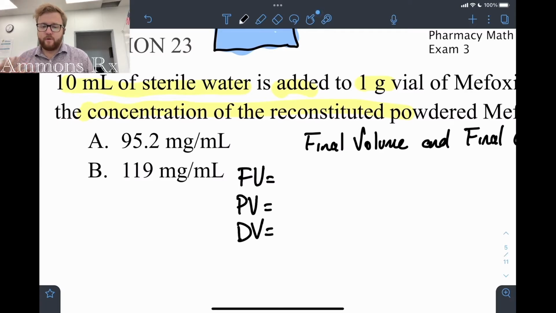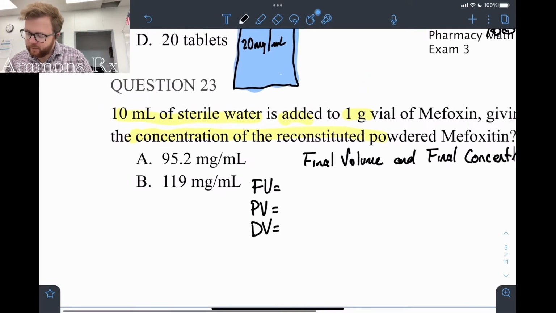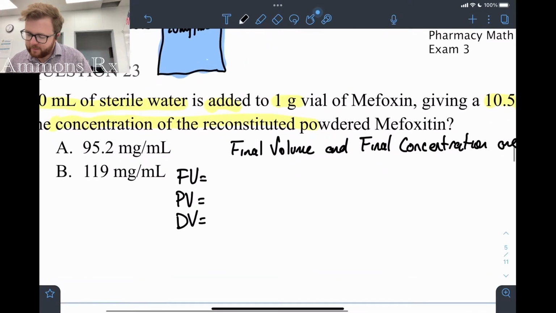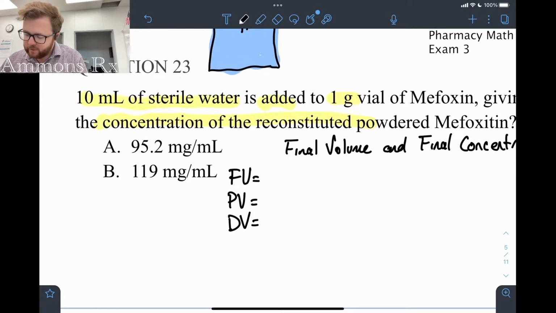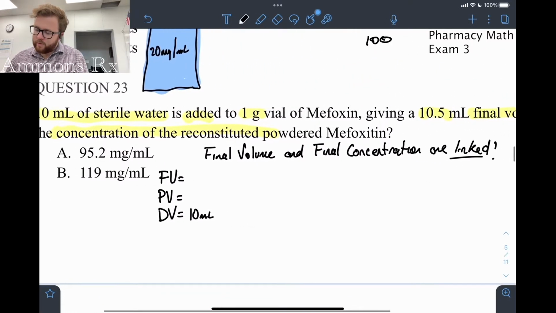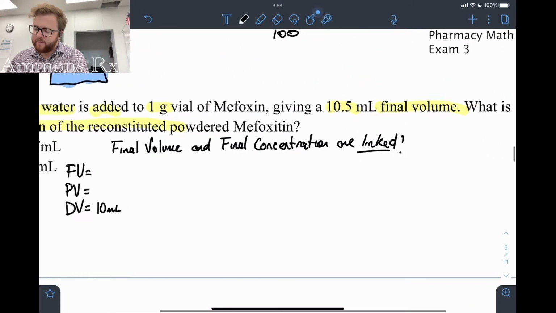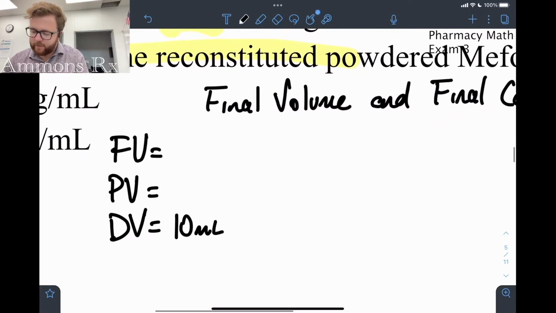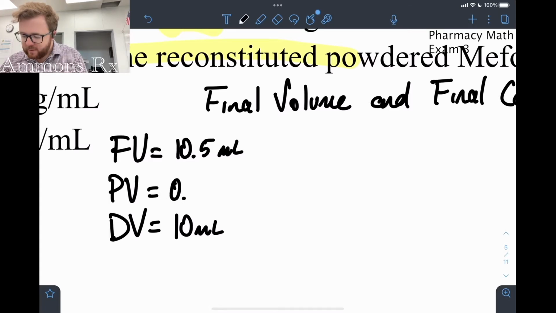Okay, so we have our FV, PV, and DV, but we need to identify them. So it says 10 mils of sterile water is added. So 10 mils of sterile water added, that's going to be our diluent to 1 gram vial, giving it a 10.5 mil final volume. That right there. So if we have FV and DV, we already know what PV is. There's going to be, what's the difference? 0.5 mils.